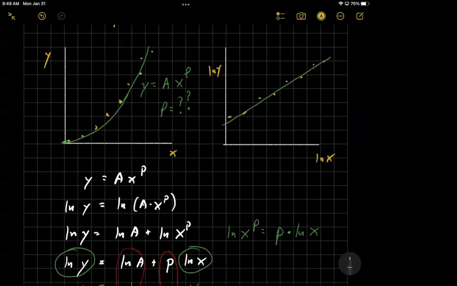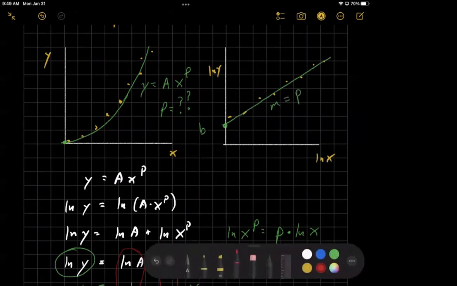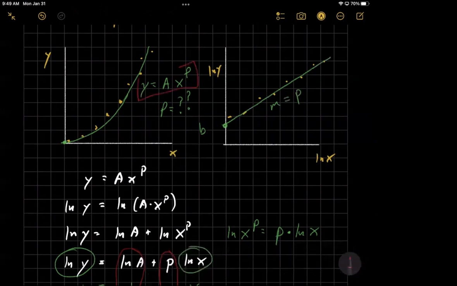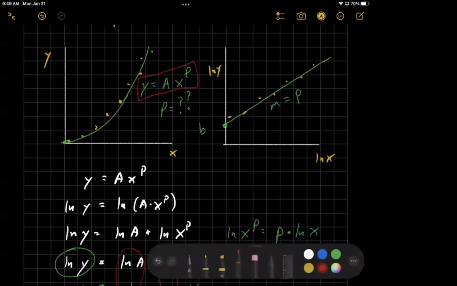And it would be very easy to pick off a b value and an m value for a straight line, and m would give us the p of the original relationship. So coming over here, we're trying to figure out what a is and what p is.